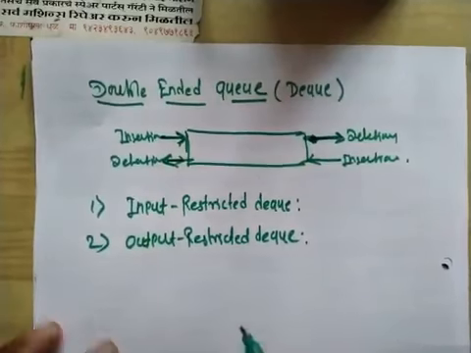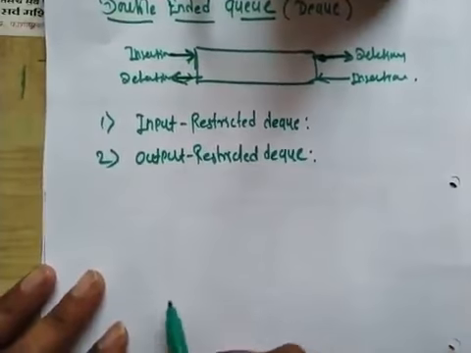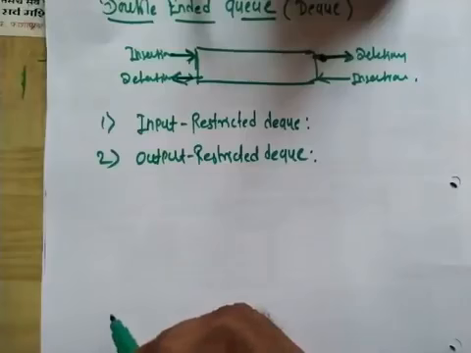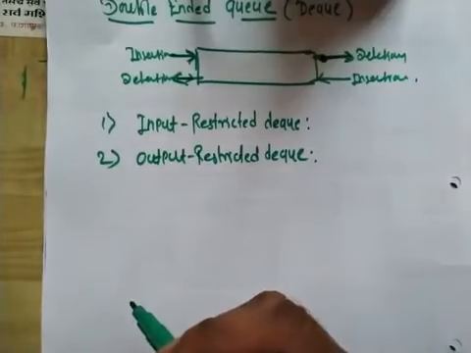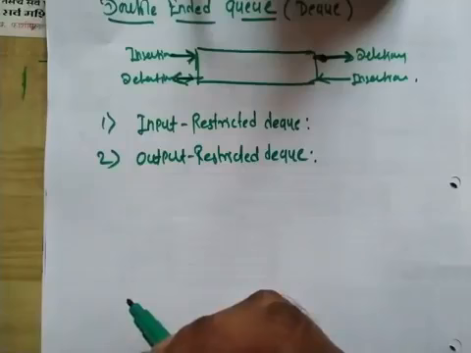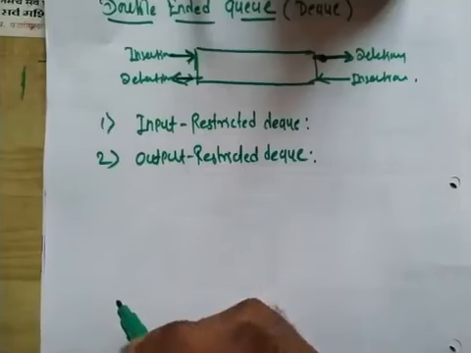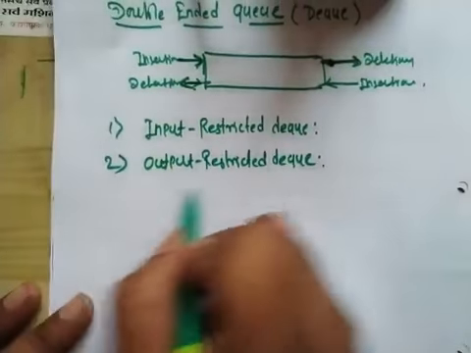Okay, so let's see one by one. An input restricted DQ is one where deletion can be made from both ends, but input is only made at one end. Okay, what is input restricted DQ?